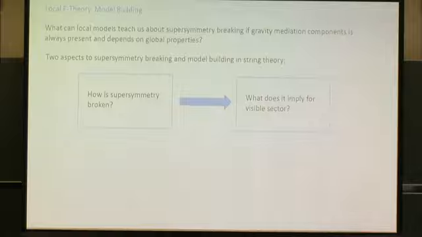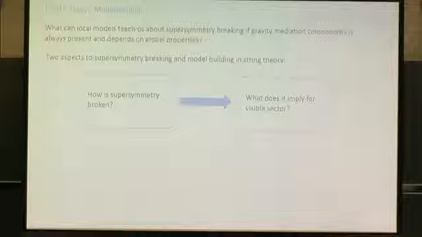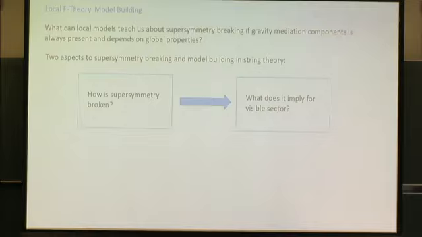And the second question you might try to understand from supersymmetry breaking in string theory and model building is, once it is broken, what does it imply for the visible sector? In some sense, this is actually an easier, more under control question.